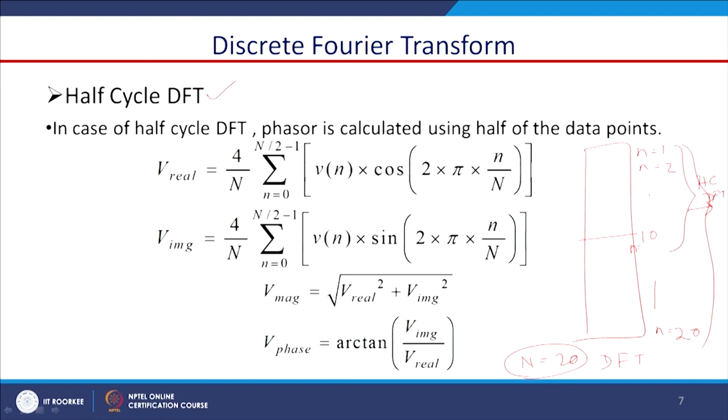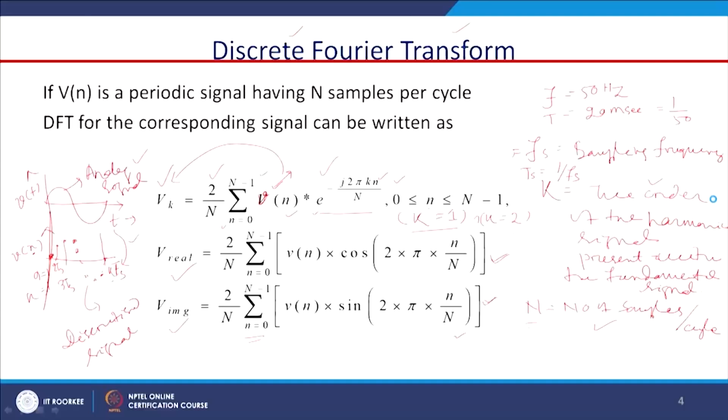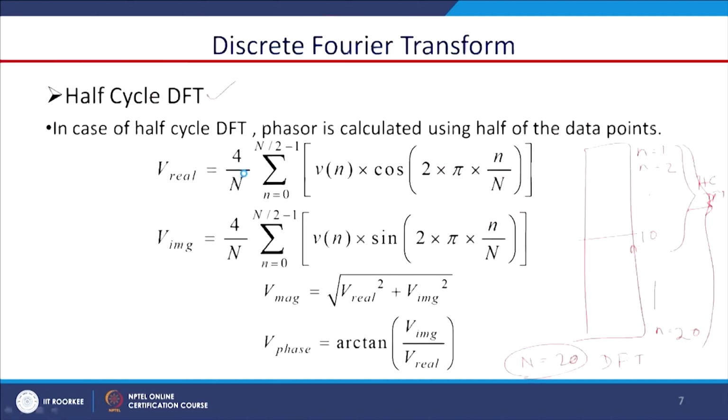In that case the only difference will be in the number of samples. If you go back to the previous expression of the full cycle DFT, there the samples ran from n equal to 0 to N minus 1, but in this case the samples run from n equal to 0 to N by 2 minus 1.